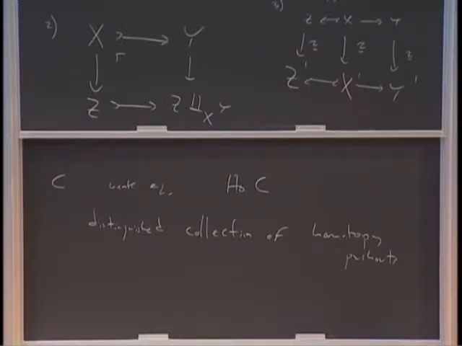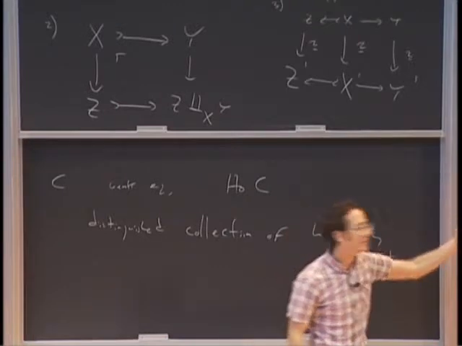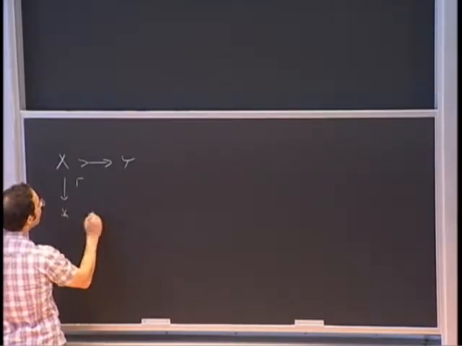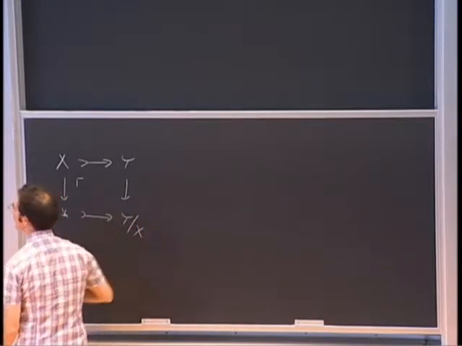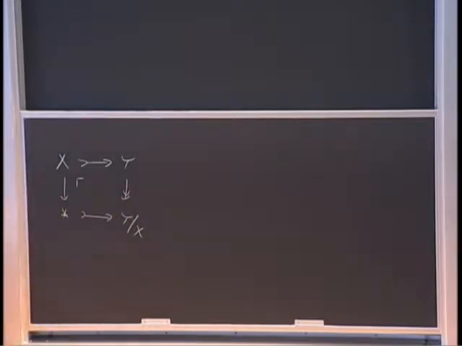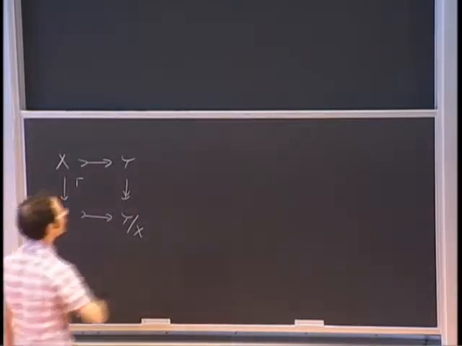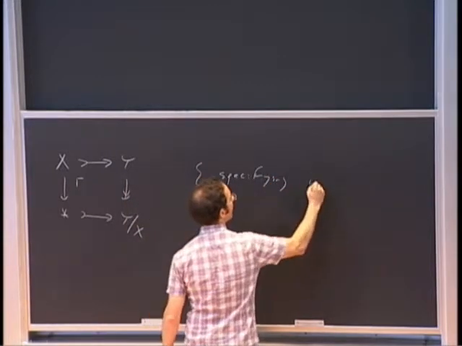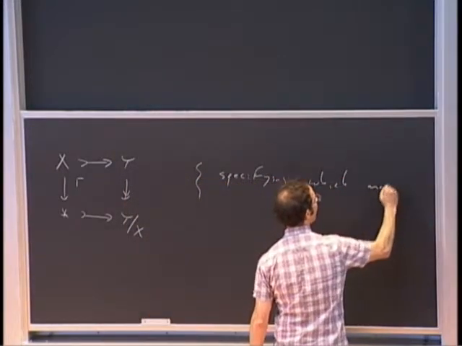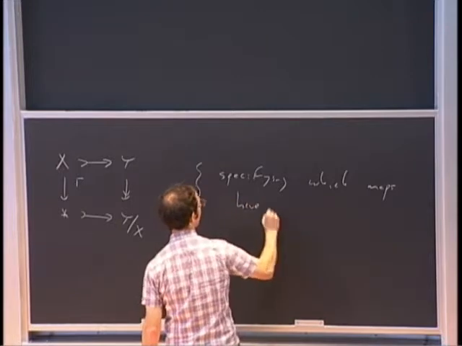So one thing this says is that if this is a cofibration, we can always take the pushout along the map to the terminal object, and this is a homotopy cofiber sequence. So one way of looking at what this data is doing is it's telling us which maps have homotopy cofibers.